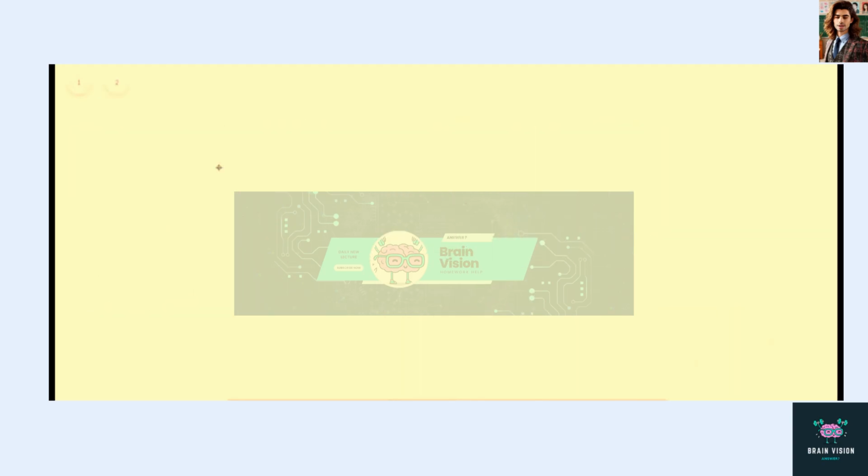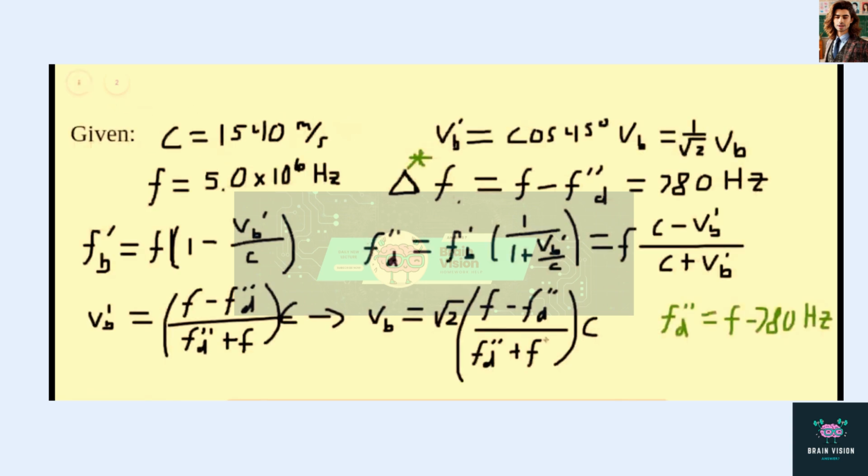We can plug that into our equation for V sub B, the velocity of the blood, and we find that the velocity of the blood is equal to root 2 times 780 hertz on the top. The reason being, if we go back to the previous page, we plugged in F minus 780 for F double prime D. So the F's cancel, and minus 780, minus a negative, is a positive.